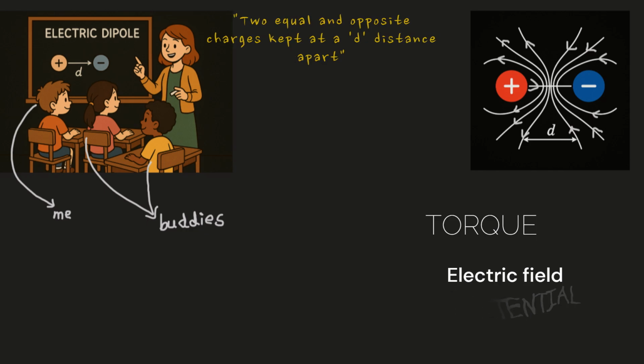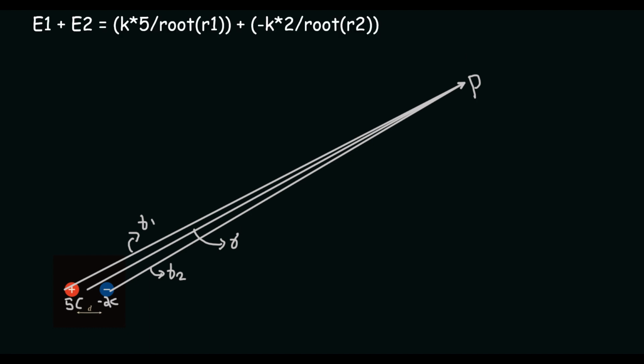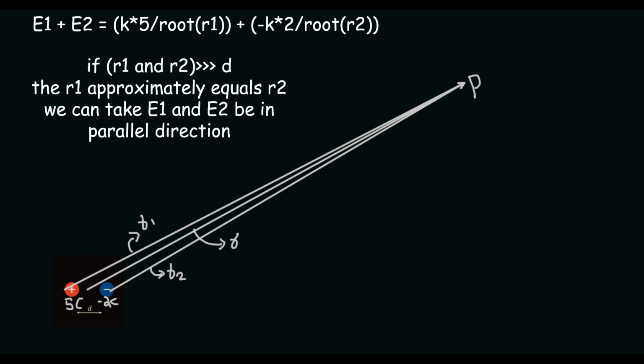Let's look at the charge system. In this system we have a 5 coulomb positive charge and a minus 2 coulomb negative charge separated by a distance d. If you try to find the electric field at the point P, we can simply add the electric fields of the plus 5q charge and the minus 2q charge. That is k5 divided by r1 squared minus k2 divided by r2 squared.